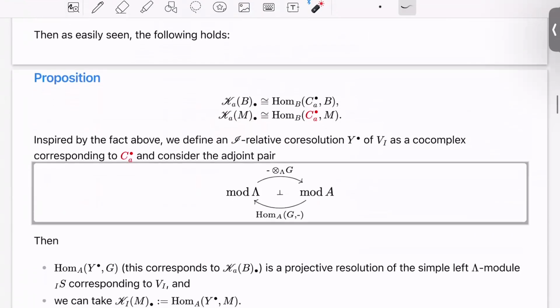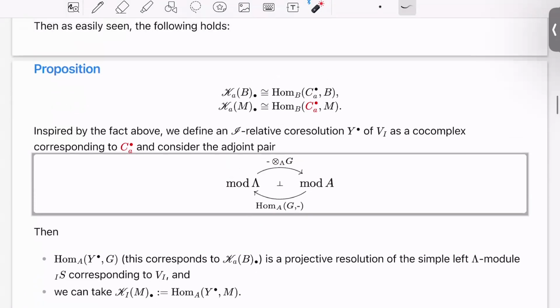So inspired by this fact, we define an I-relative co-resolution Y up, or V_I, as a co-complex corresponding to this C up, and consider the adjoint pair between mod A and mod Lambda. Lambda is the endomorphism algebra of G, given by the bimodule G. Here, G was originally a right A-module, and its endomorphism algebra is Lambda. So G is a Lambda-A bimodule as well. This bimodule gives us this adjoint pair.